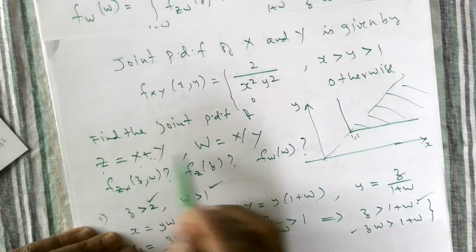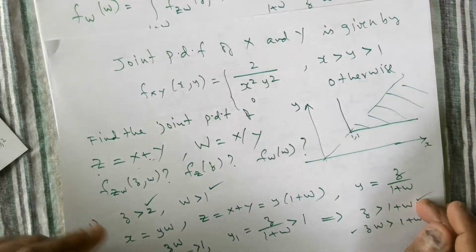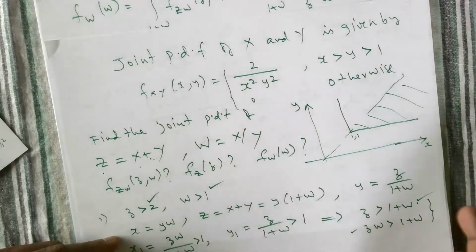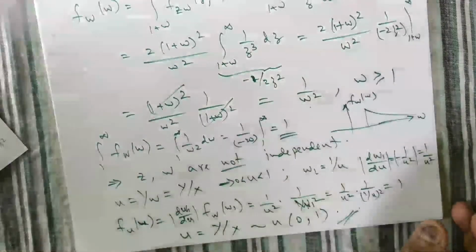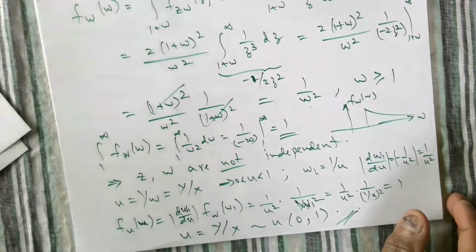We define Z to be X plus Y, W to be X over Y, and U to be Y over X. So U is uniform. That's easy to remember. And the joint density of W and Z is given by the complicated formula that we had a little earlier, which is here.